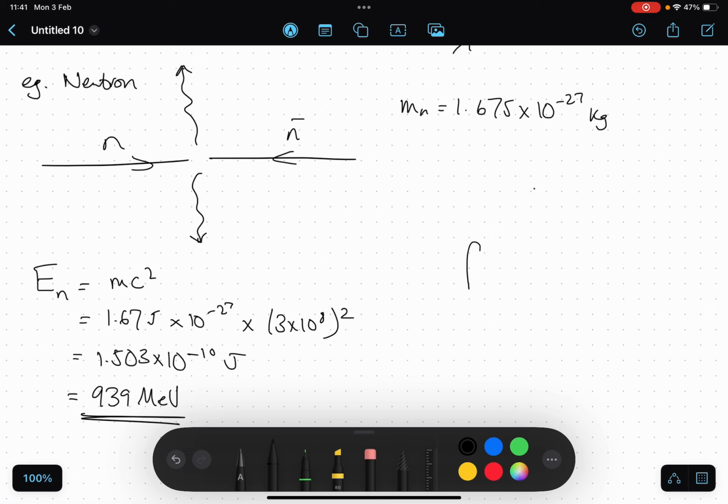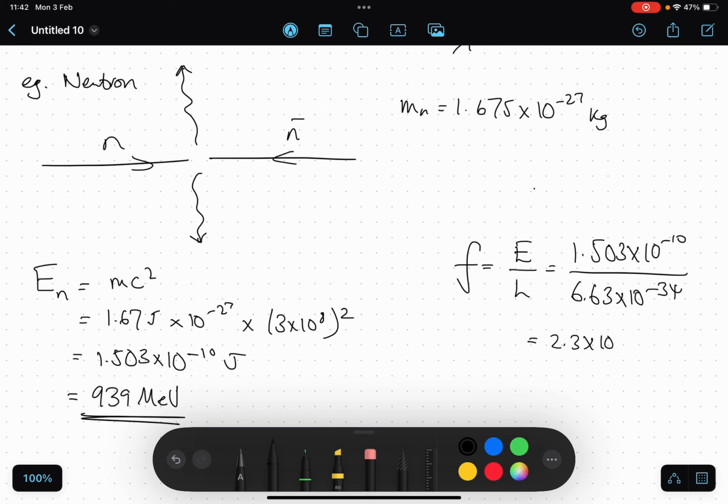So therefore, the frequency of the photon is equal to the energy of the neutron, and I've got to use the value in joules, not mega electron volts, divide it by Planck's constant, and I get a frequency of 2.3 times 10 to the 23 hertz, which is a very, very high frequency.